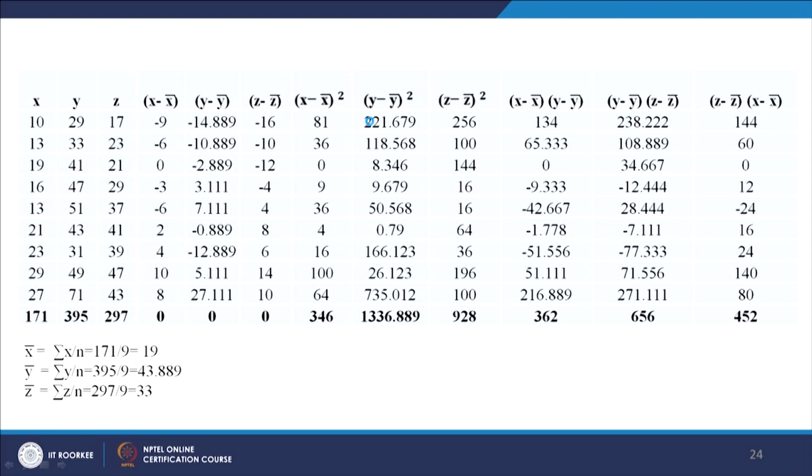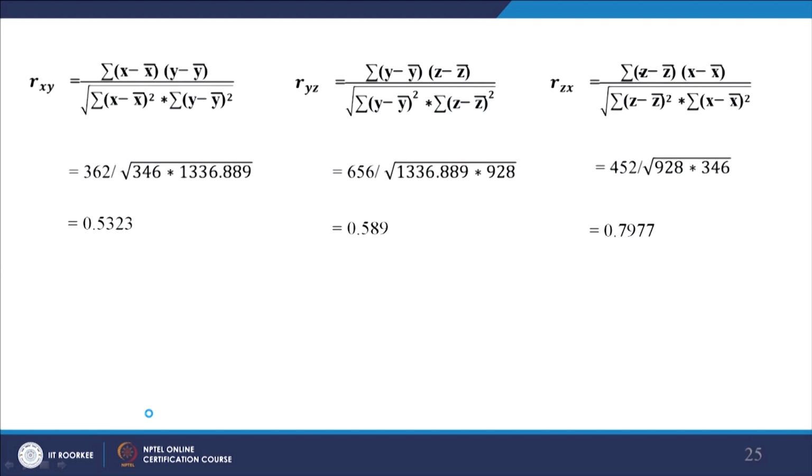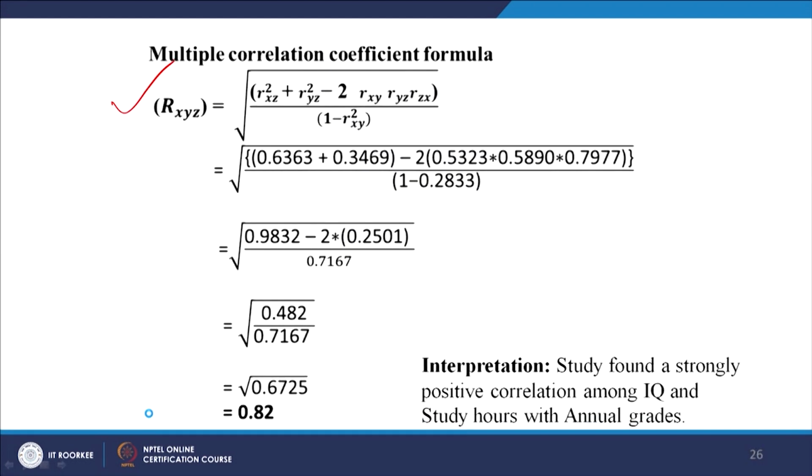So, let us just look at it. If you remember, these values are more or less the same, 346, 133, these are the same. So, we have used the same problem again. By calculating it, we have found that the multiple correlation coefficient is equal to 0.82.